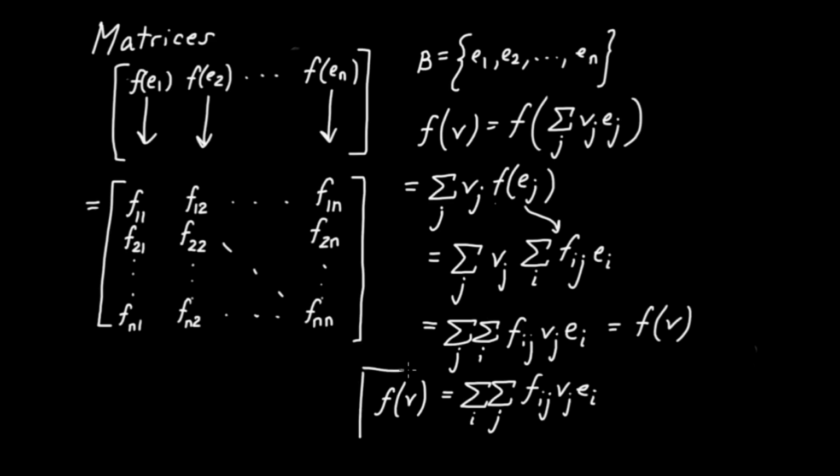And this formula here is a formula for how one takes the product of a matrix with a vector, namely a column vector. So this double sum here gives us the procedure for how to multiply such an array of numbers, a matrix, with a vector whose components are listed out with the v sub j's.